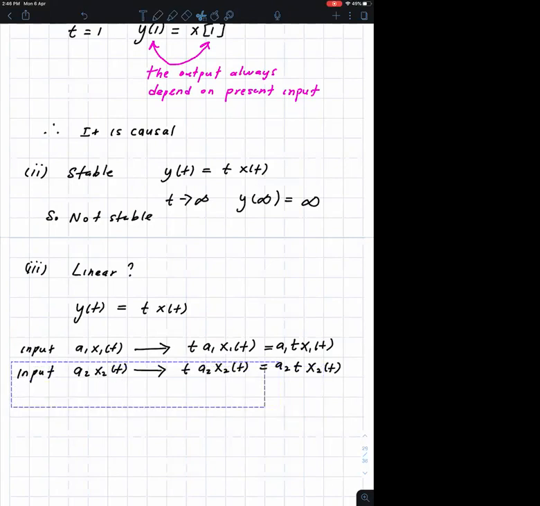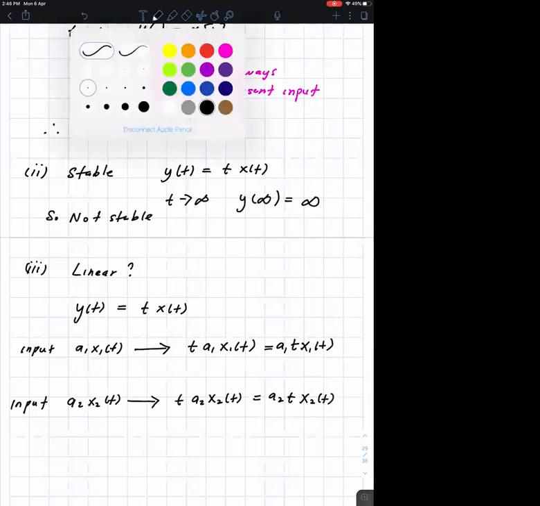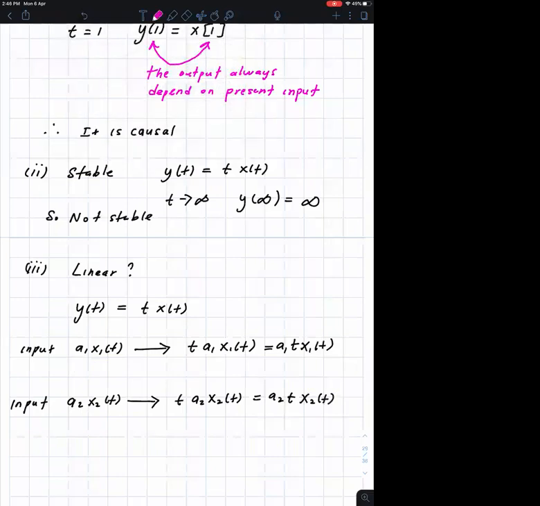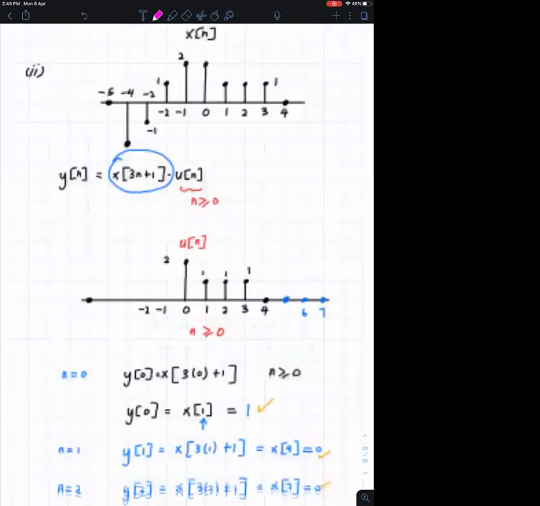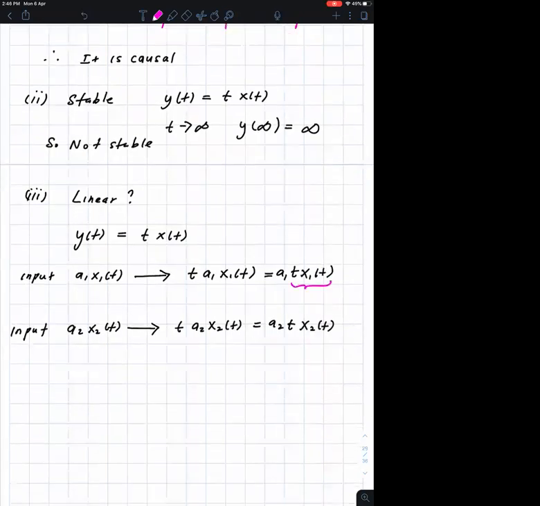If you look carefully, you can call this y1(t) and this y2(t).